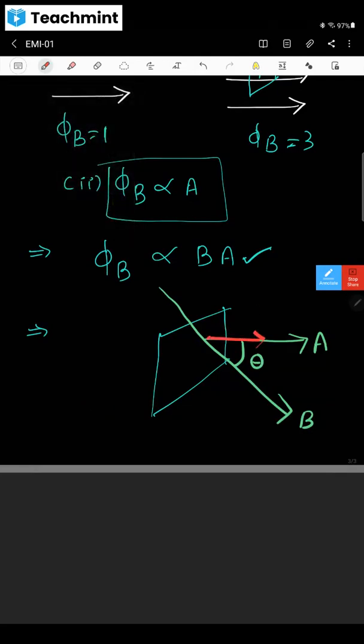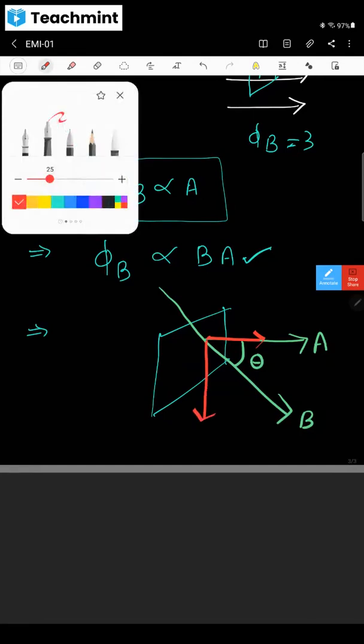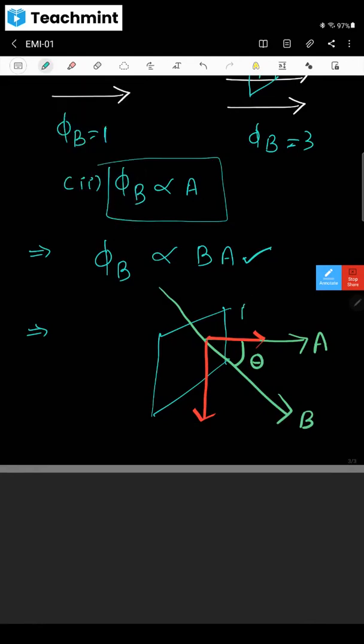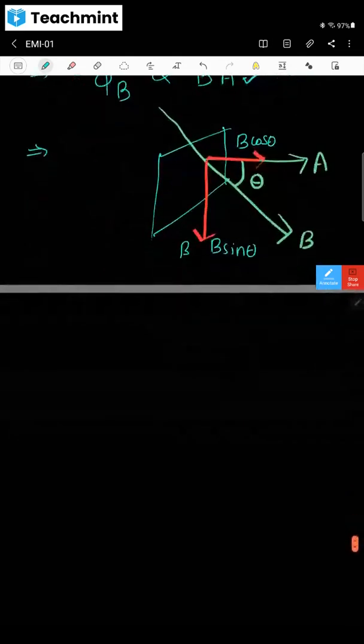One is along the x-axis and one is along the y-axis. Along the x-axis it becomes B cos theta. It just becomes B cos theta, this red colored horizontal line, and this one becomes B sin theta. With changing of angle, it will be changing, no?